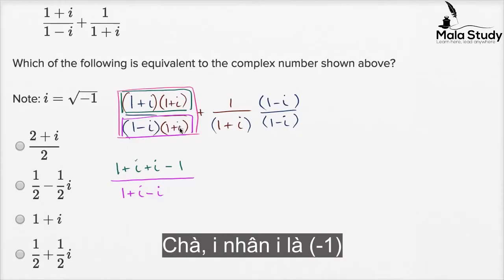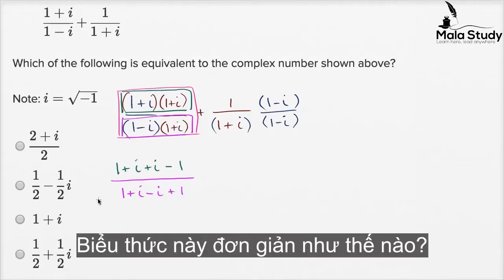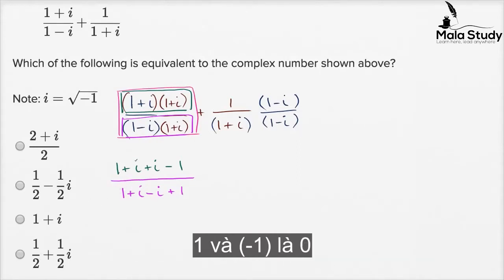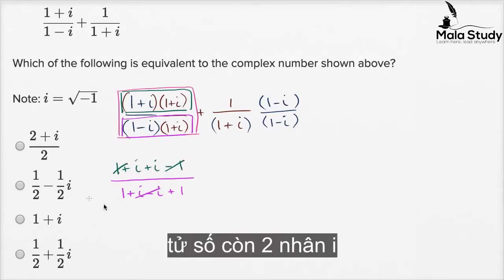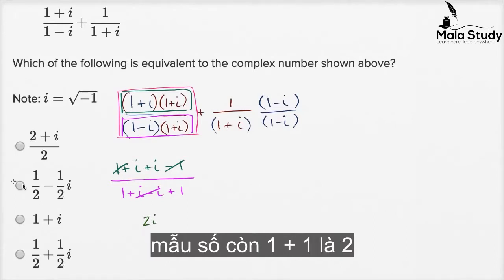Well, i times i would be negative 1, but then we have this negative, so it's just going to be plus 1. And so what does this simplify to? Let's see, you're going to have 1 minus 1, so those cancel out. And then you're going to have this i minus i, that's just going to be 0. So this simplifies. In the numerator, you have 2 times i, and then in the denominator, you have 1 plus 1 is equal to 2.